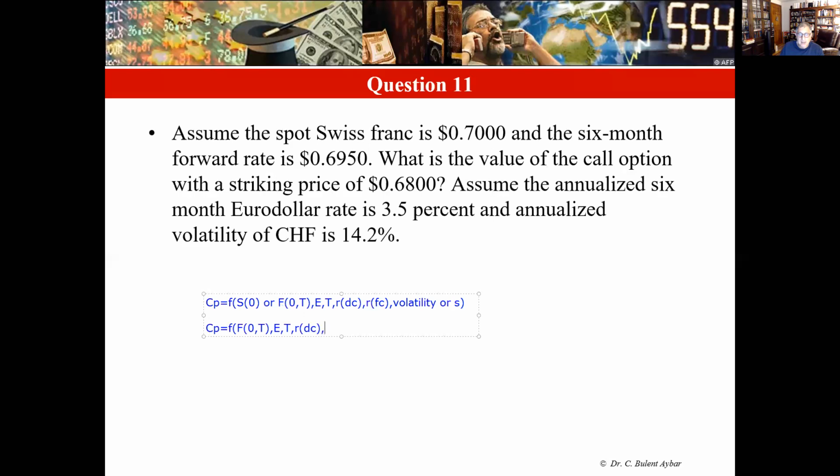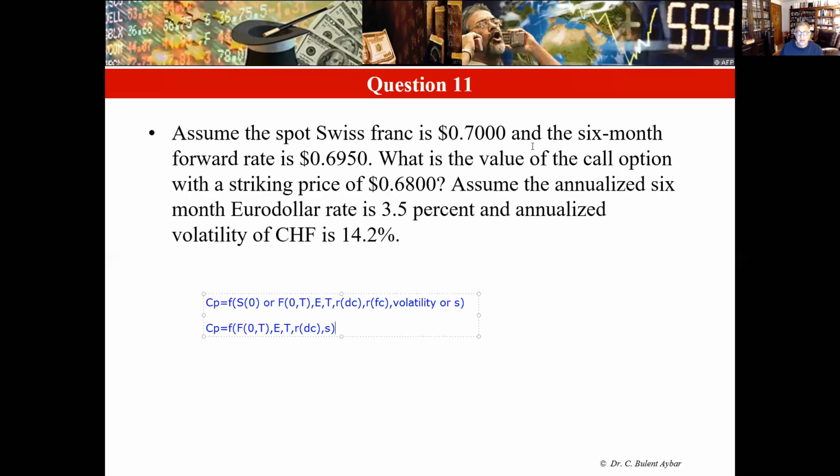And then the last thing that we have is the volatility, which is S, okay? So we have these 1, 2, 3, 4, 5 variables which determine the value of the option. And we have been given almost everything in here. We do have the forward rate right in here, exercise price 0.68, time to maturity, which is 6 months.